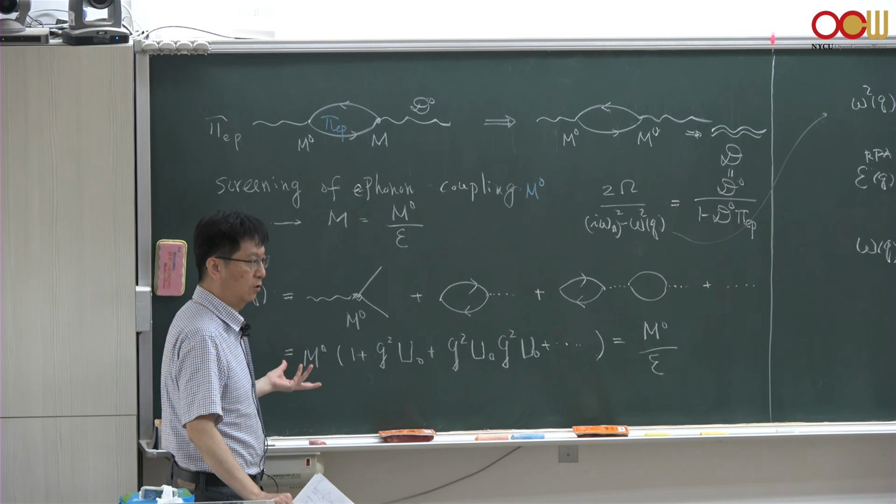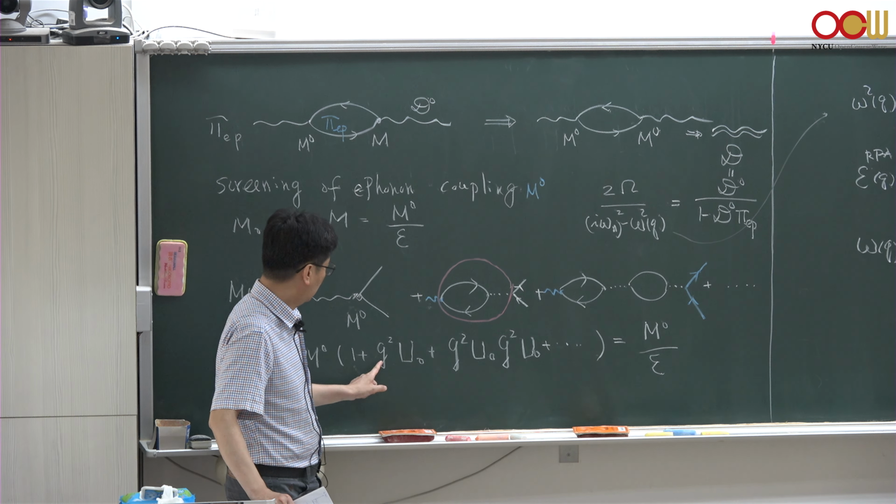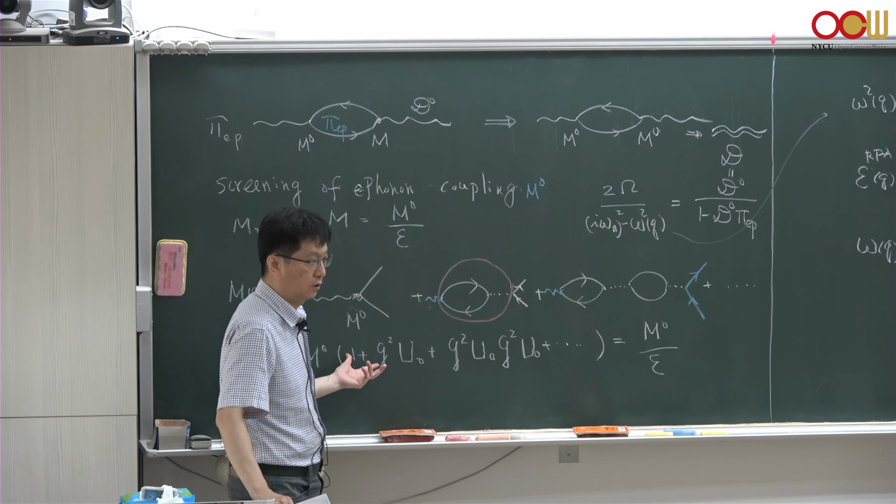The second term corresponds to this single bubble insertion, which gives you this g squared, where little g represents the electron propagator, and u0, where u0 is the Coulomb potential. And then the second, non-trivial diagram represents the second bubble insertion, which is this one. So you repeat this procedure up to an infinite number of electron hole bubbles, and also u0 propagators.